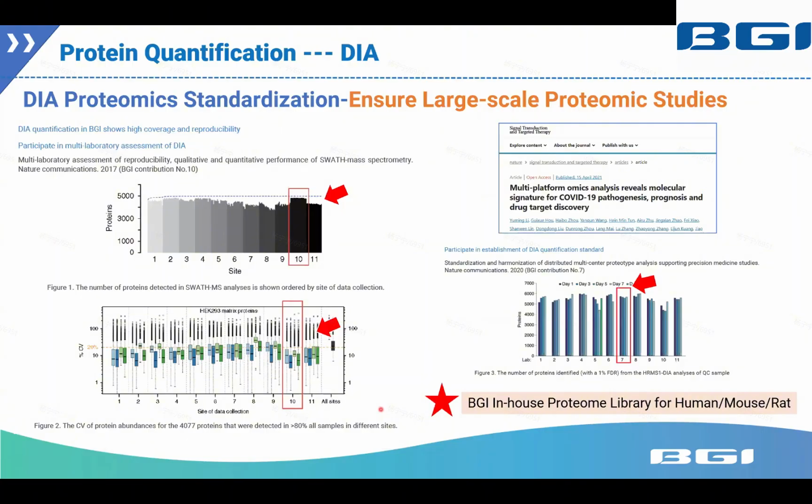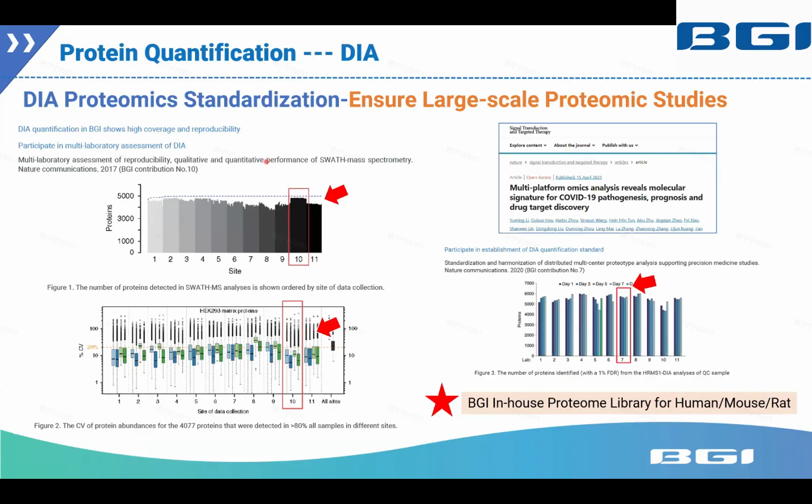And regarding the DIA technology, some leading experts in the field of mass spectrometry and proteomics joined hands with 11 MS labs from different parts of the world, using the same experimental and analysis procedures to conduct a comprehensive evaluation of DIA technology.